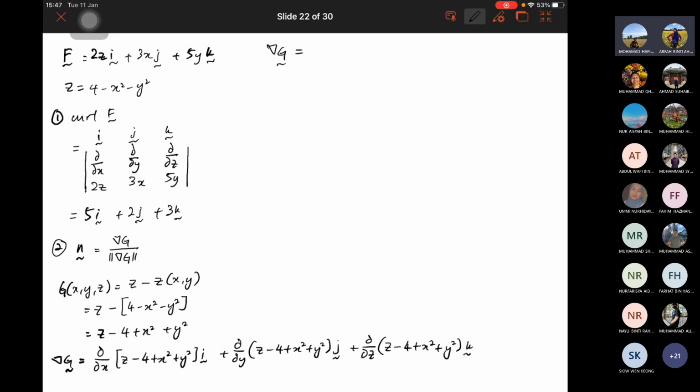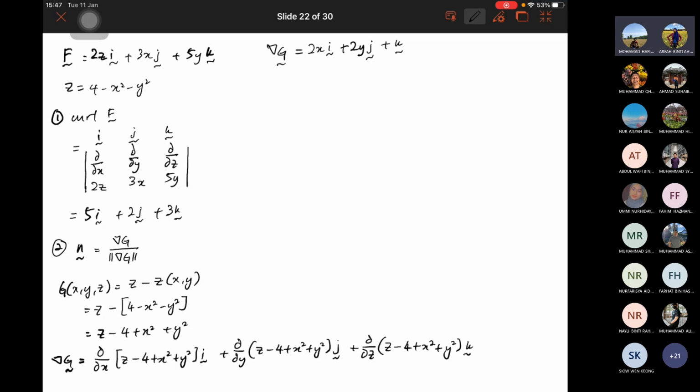So dia akan sama dengan partial derivative of each state one, you akan dapat 2xi tambah 2yj tambah k. Nampak? Dapat.